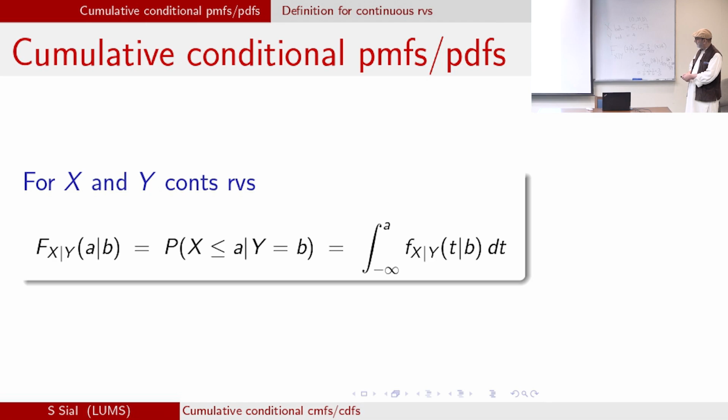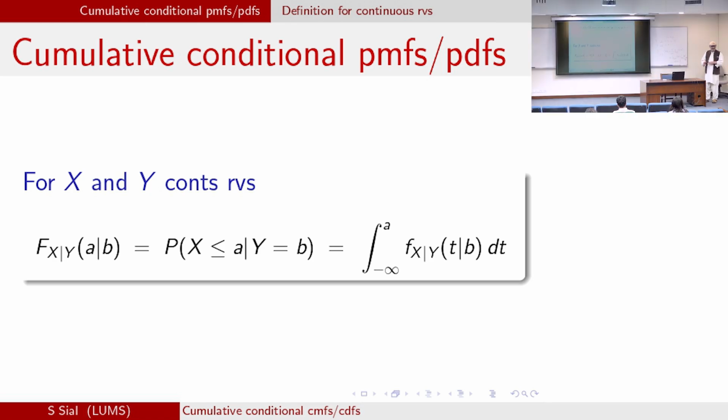And then you have its conditional PDF, which is the probability density, not the probability, for x given y. And if you want the cumulative conditional probability, this notation means the probability that x is less than or equal to a, given that y is definitely equal to b.